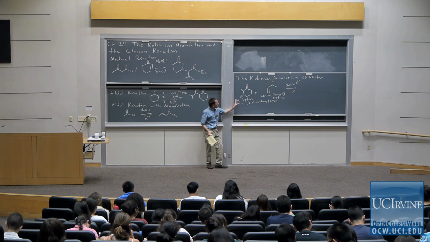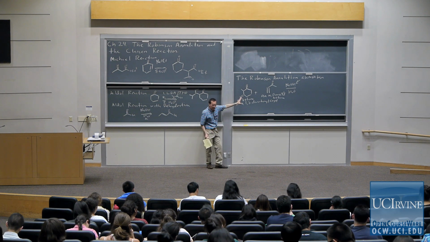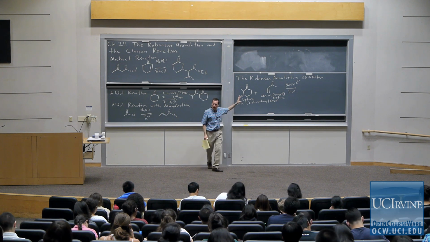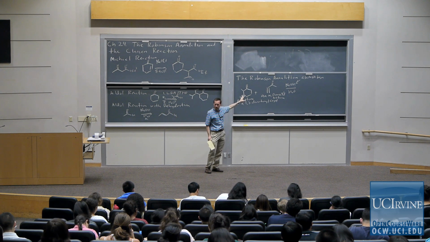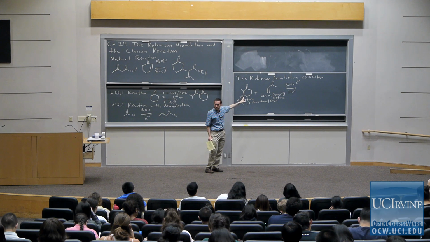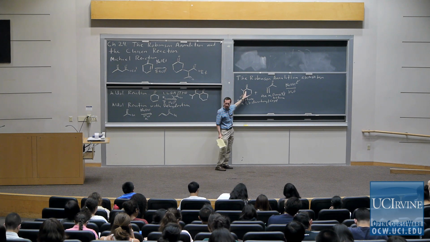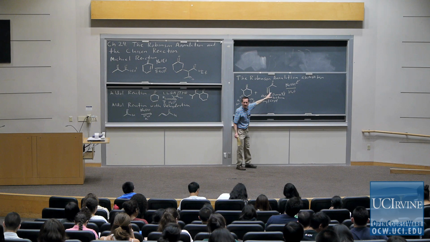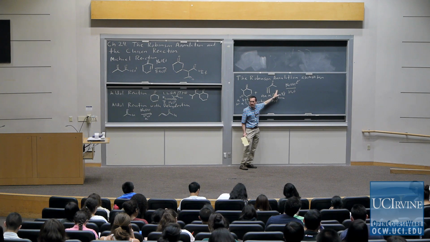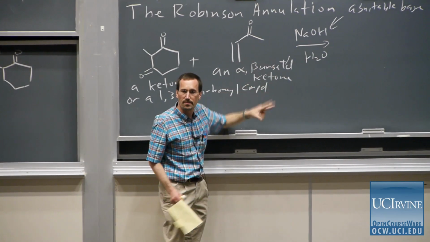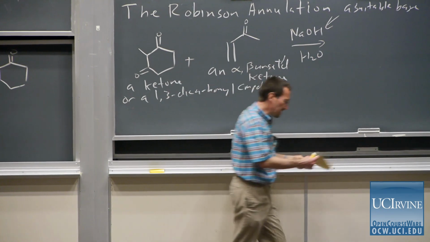But okay, here's the real beauty. So we mix these two components together, our carbonyl compound, ketone or 1,3-dicarbonyl compound, something that can form an enolate, and an alpha-beta unsaturated carbonyl compound, something we've seen as a Michael acceptor, in the presence of base.